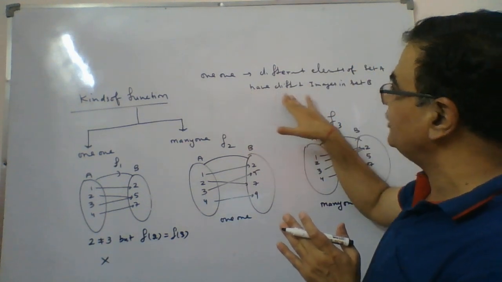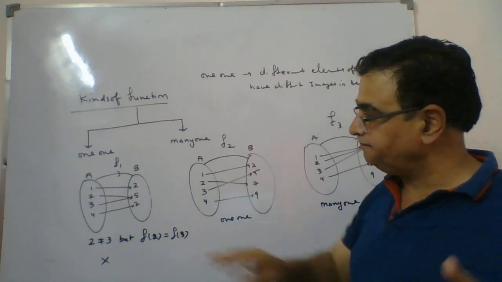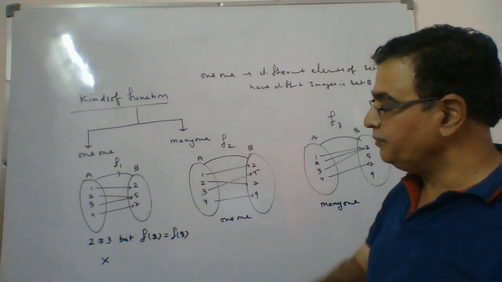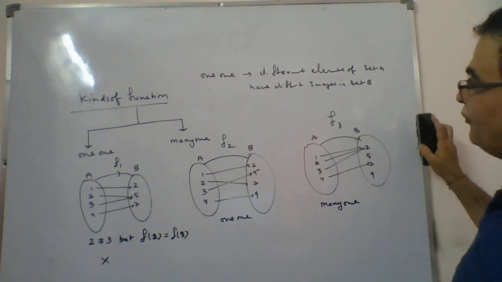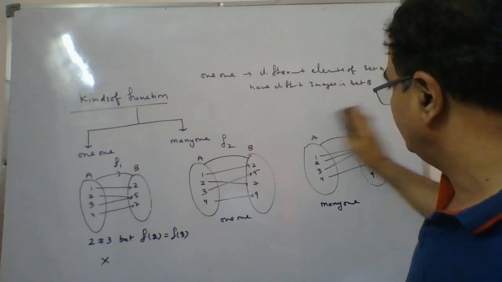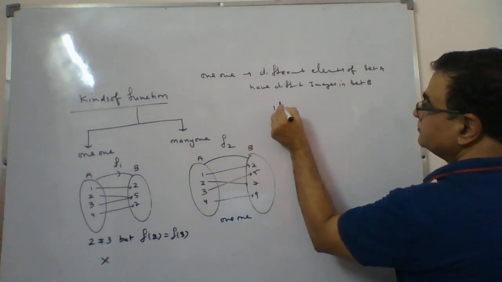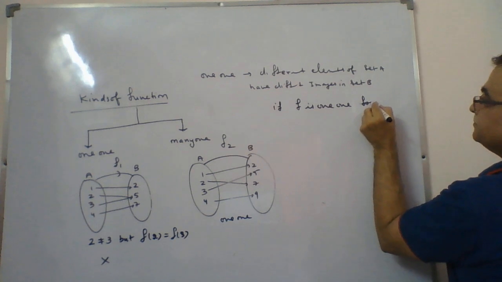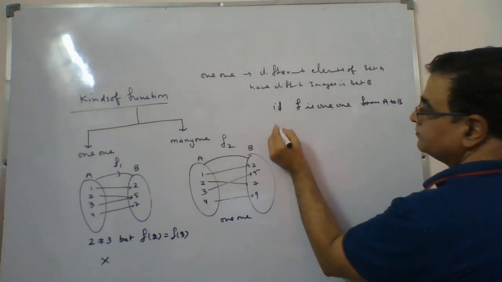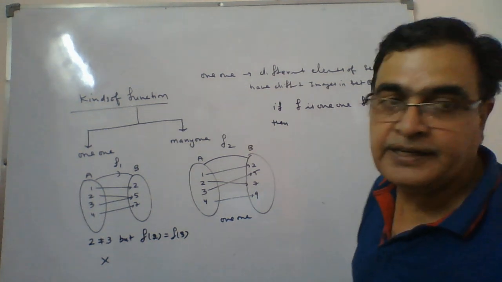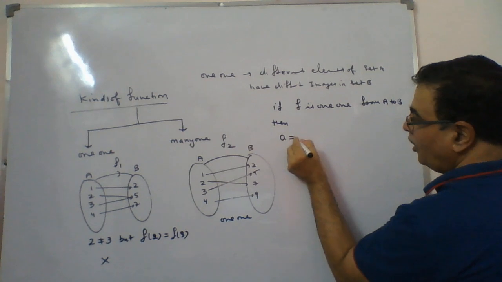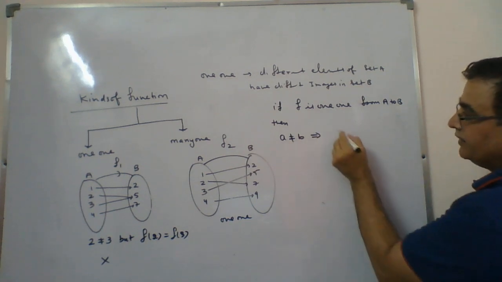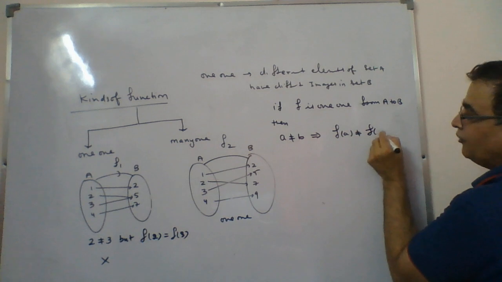So we will say a function is said to be one-one if different elements of set A have different images in set B. It means now in general, mathematically, what you will write: if f is one-one from A to B, then the first condition says, if a is not equal to b, meaning two elements which are not the same, implies f(a) is not equal to f(b).